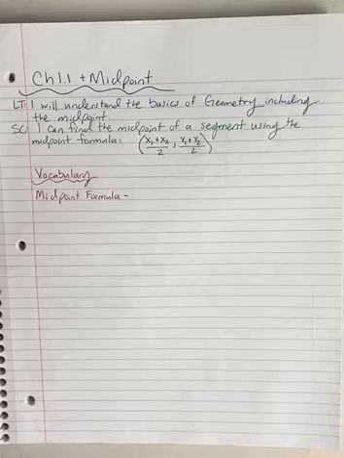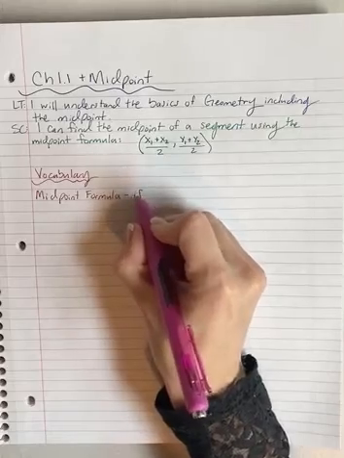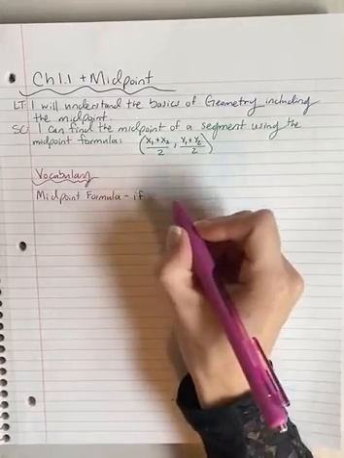So we're going to go over some vocabulary first, and the first thing we're going to talk about is the midpoint formula. I gave it to you in the success criteria, but let's break it down a little bit.